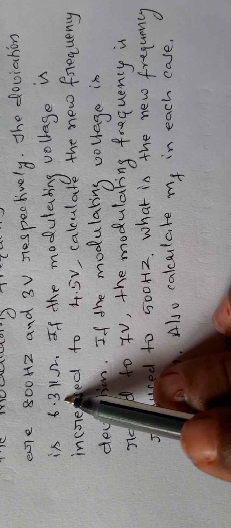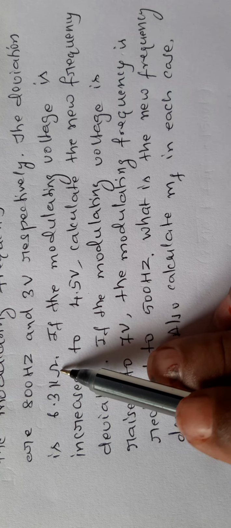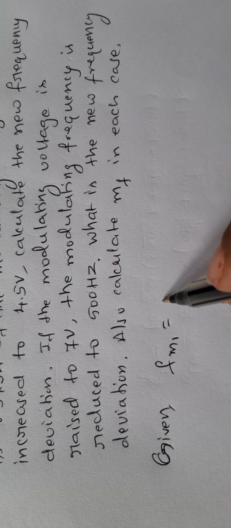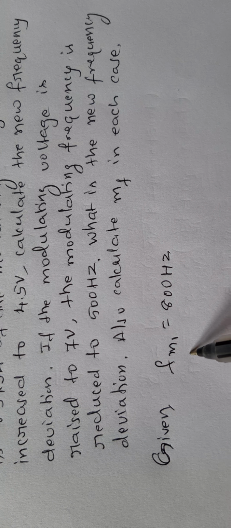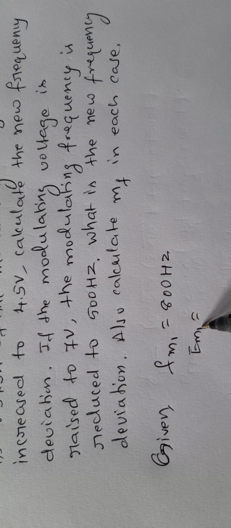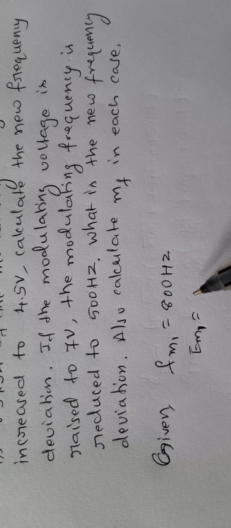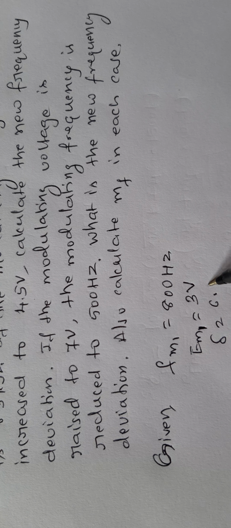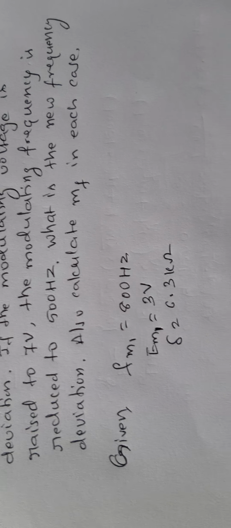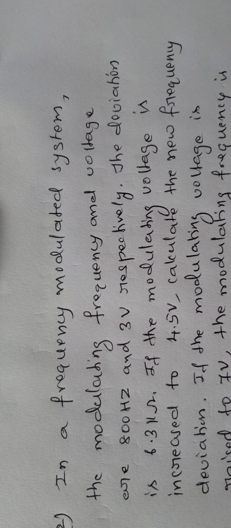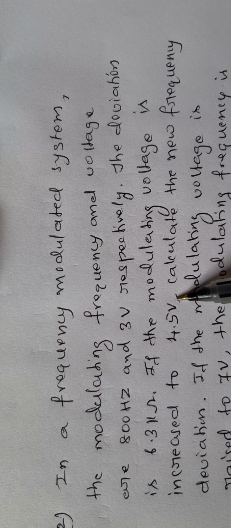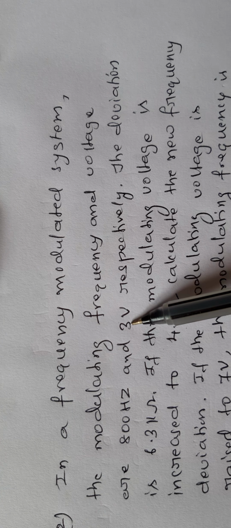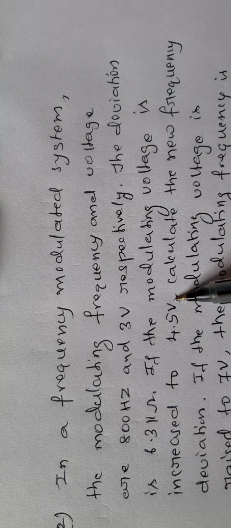Delta is 6.3 kilohertz. Therefore fm1 is 800 Hz and Em1, the first modulating voltage, is 3 volts, and delta is equal to 6.3 kilohertz. These three are given. Continue the problem. If the modulating voltage is increased to 4.5, it was given as 3, then it is increased to 4.5.